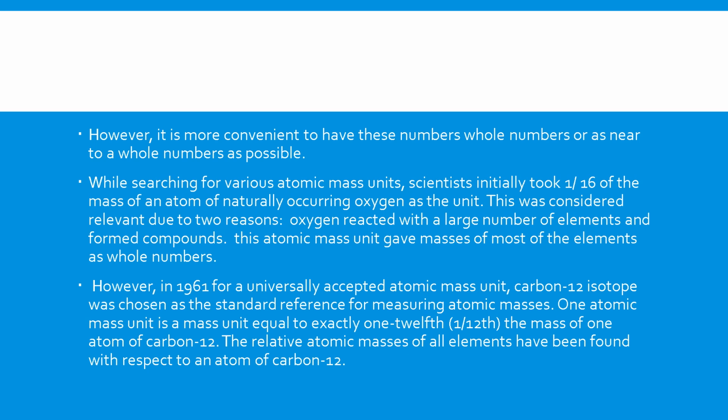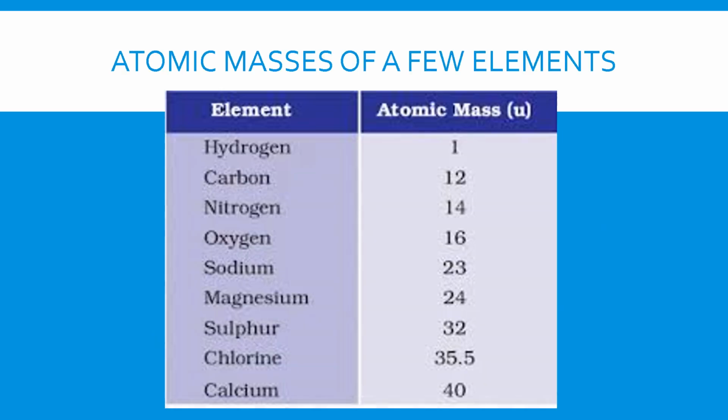The relative atomic masses of all elements have been found with respect to an atom of carbon-12. You can see here the atomic masses of a few elements, like hydrogen 1, nitrogen 14, sodium 23, calcium 40, etc.